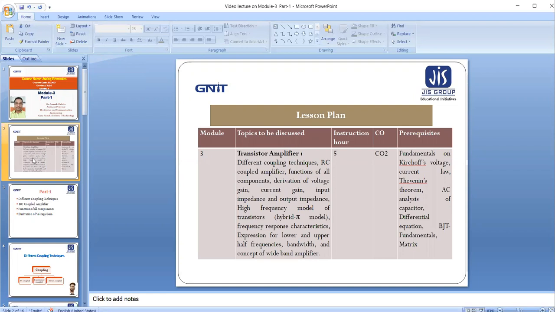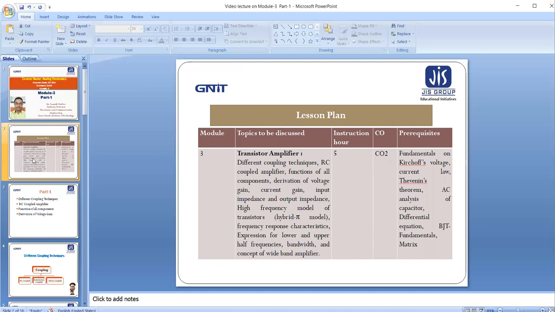In module 3, the topics to be discussed are transistor amplifier, into which the different subtopics are different coupling techniques, RC coupled amplifier, functions of all components, derivation of voltage gain, current gain, input impedance, output impedance, high frequency model of transistors, hybrid pi model, frequency response characteristics, expression for lower and upper half frequencies, bandwidth and concept of wide band amplifier.